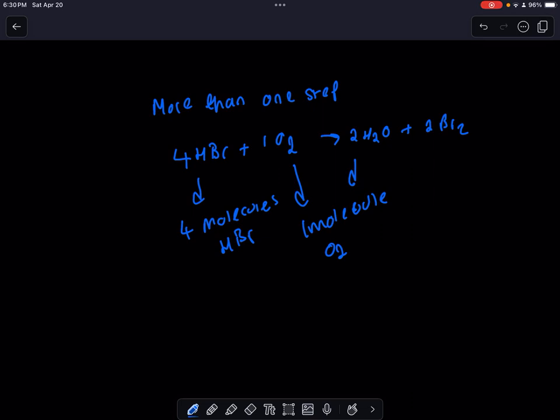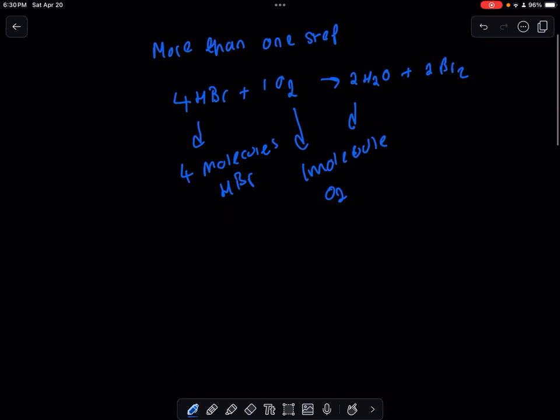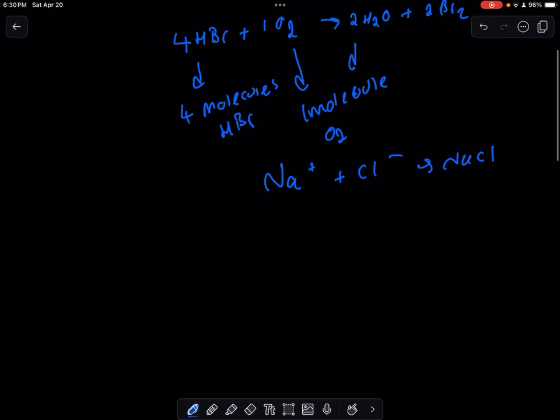It's pretty unlikely that 4 molecules of HBr will collide simultaneously with 1 molecule of oxygen. Whereas if you have a unimolecular reaction, for example, Na plus Cl minus goes to NaCl, this reaction is more likely to occur in a single step because 1 molecule just has to be in the right orientation with another molecule in order for it to be successful.